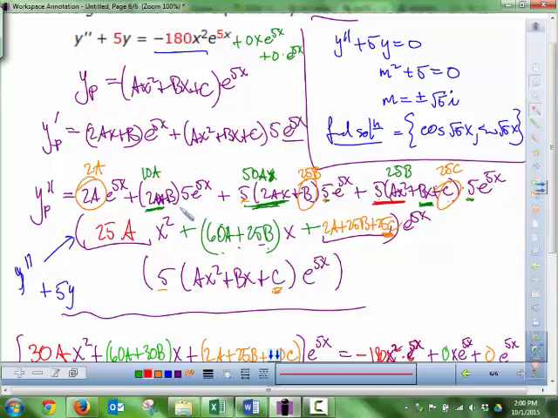So down there, we have 60A plus 25BX minus 20A. Oh. You should assume that I'm doing things wrong. What was this again? That was 20, back in derivatives.